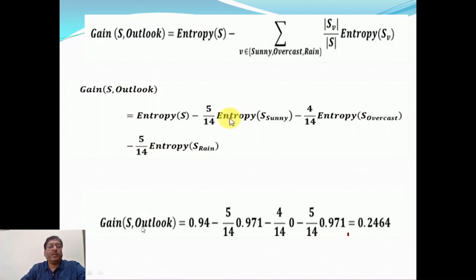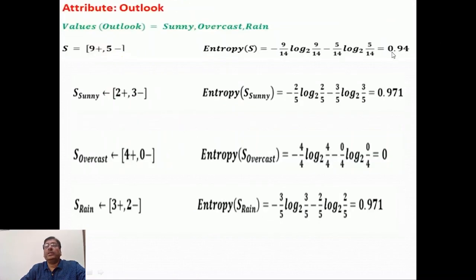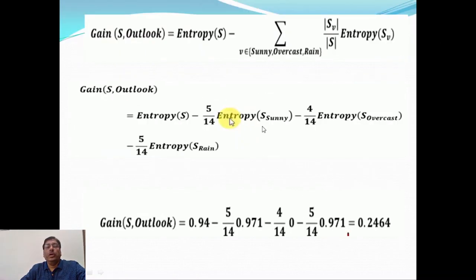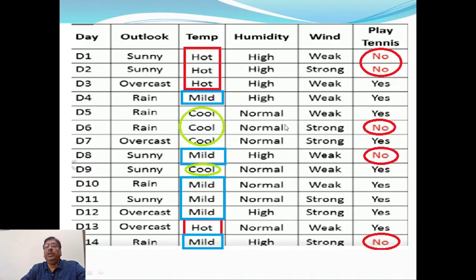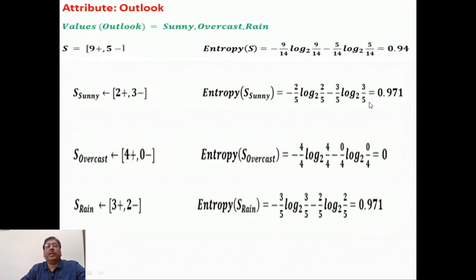So gain of S with respect to outlook equals entropy of S. So what is the value for entropy of S? 0.94. So you write that minus 5 by 14 entropy of sunny. Entropy of sunny we calculated as 0.971.